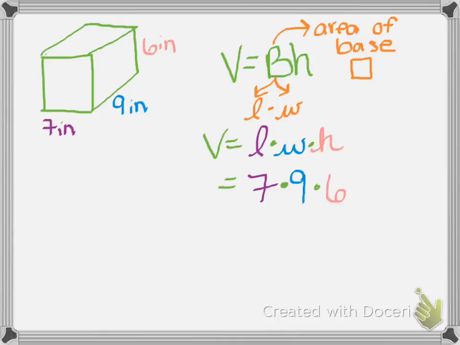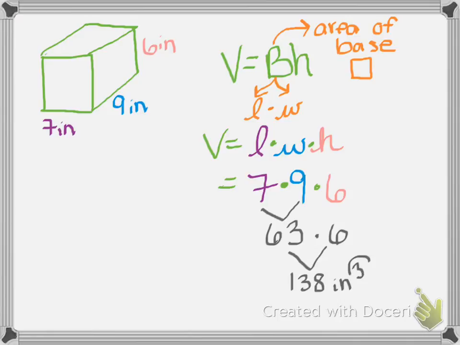And we put this into our calculator. 7 times 9 is 63. And 63 times 6 gives us 378 inches cubed.